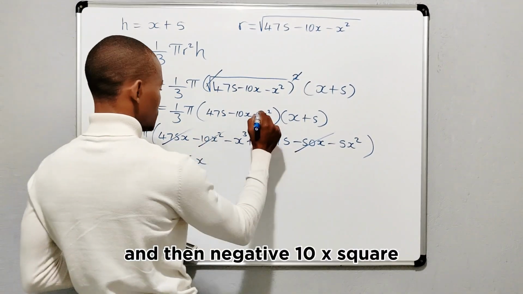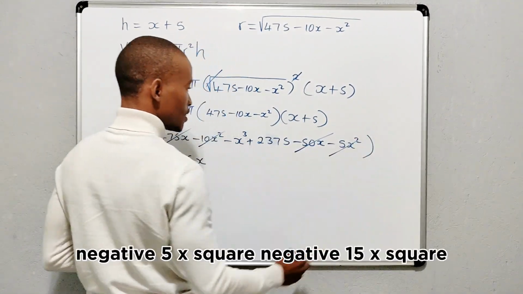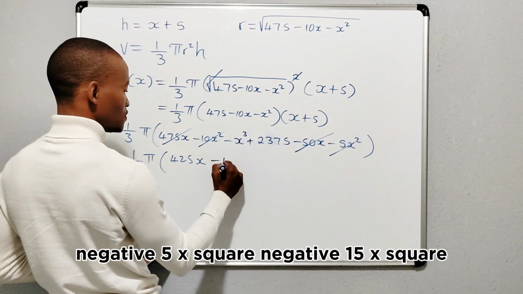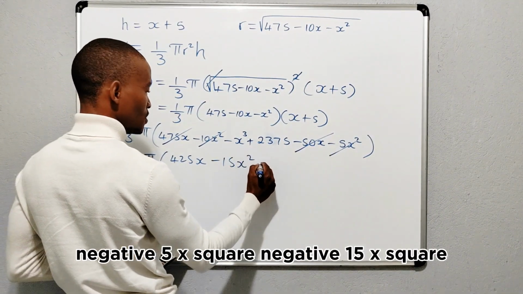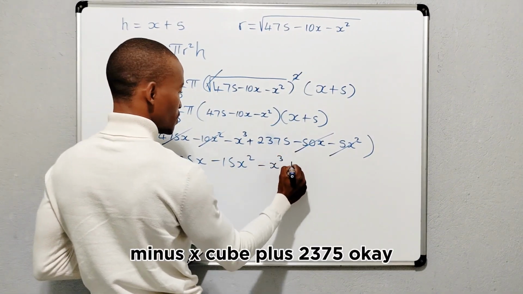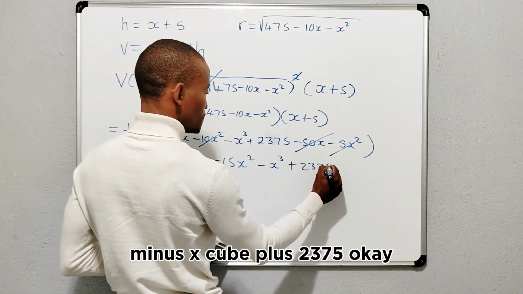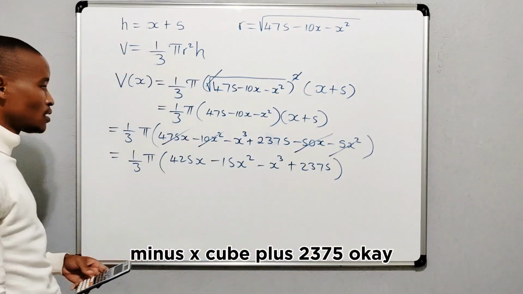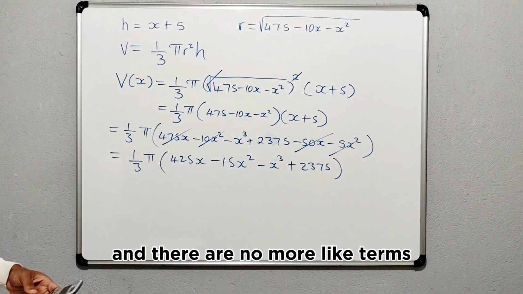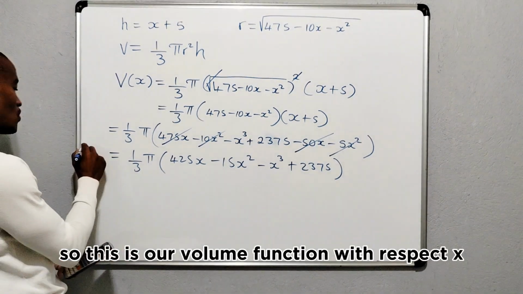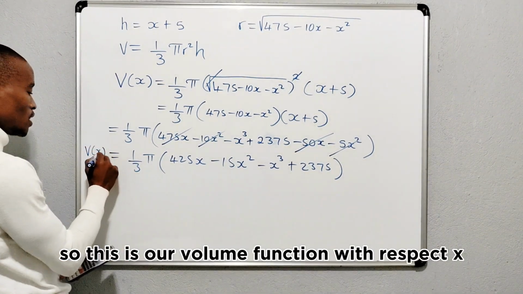And then negative 10x squared, negative 5x squared, negative 15x squared, minus x cubed plus 2375. Okay, and there are no more like terms. So this is our volume function with respect to x.